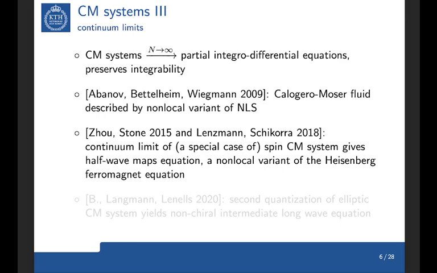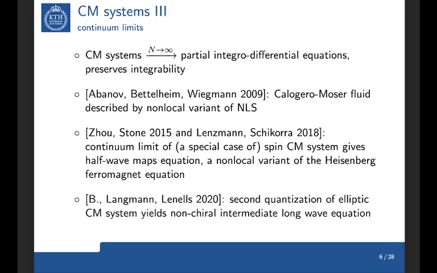And they showed that the continuum limit is the half-wave maps equation, which is a non-local variant of the Heisenberg ferromagnet equation. The Heisenberg ferromagnet equation has a second spatial derivative on the right-hand side, while the half-wave maps equation replaces that with a Hilbert transform times a first spatial derivative.